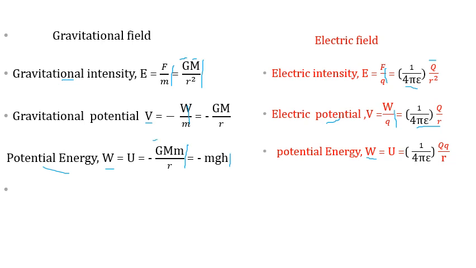Again, G you have to replace by 1 upon 4 pi epsilon 0 and Mm you have to replace by this QQ. Clear? So by analogy you can remember these formulas and write down definitions. In this way, by comparison or by analogy, you can write down formulas in the electric field or in the gravitational field or even further in the magnetic field.